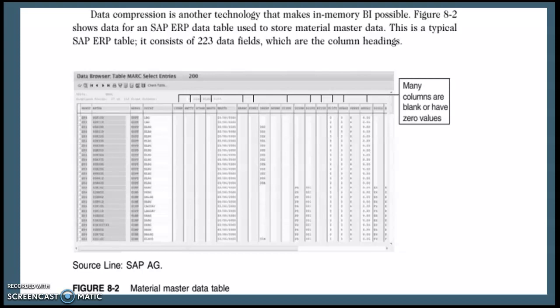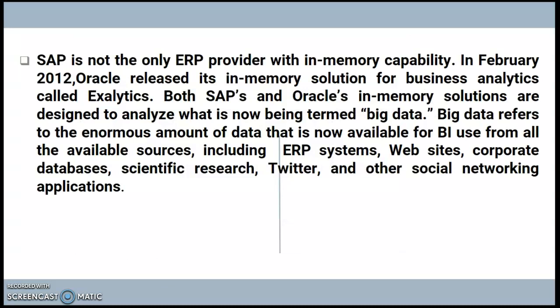This means that multidimensional cubes are not required. An end user can analyze BI data on the fly without needing an IT specialist to translate the data into multidimensional cubes.